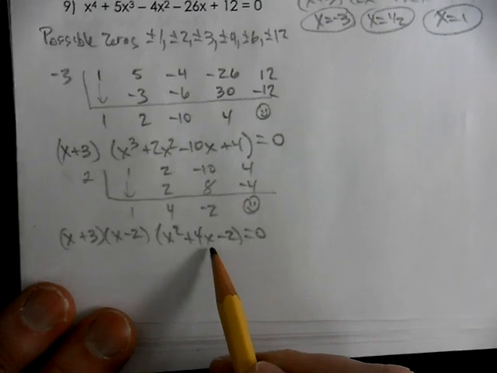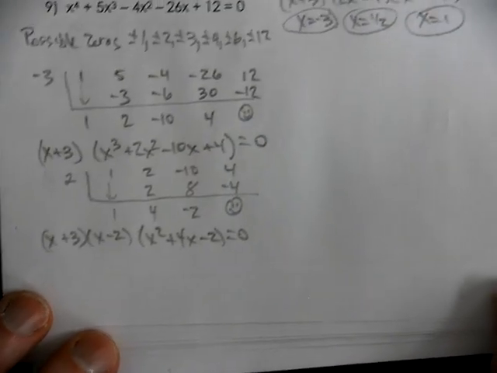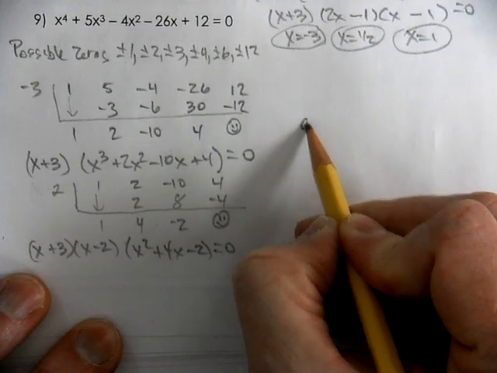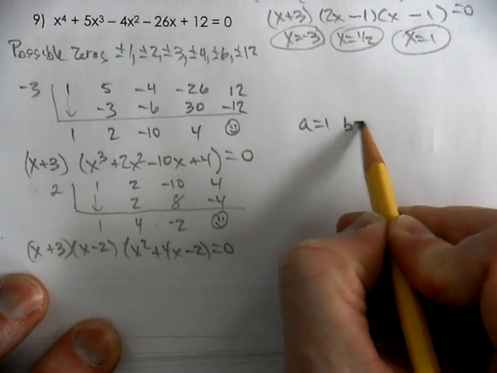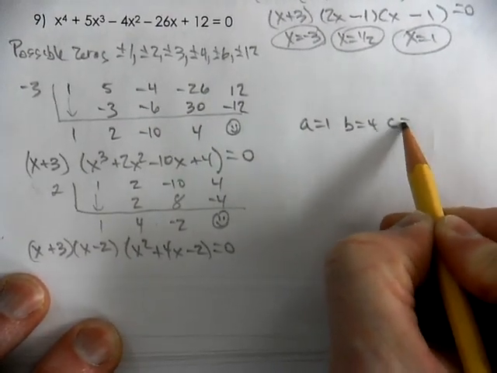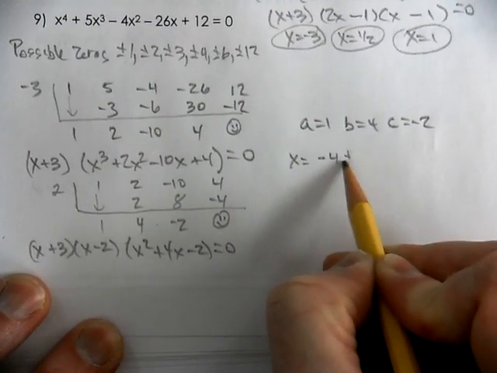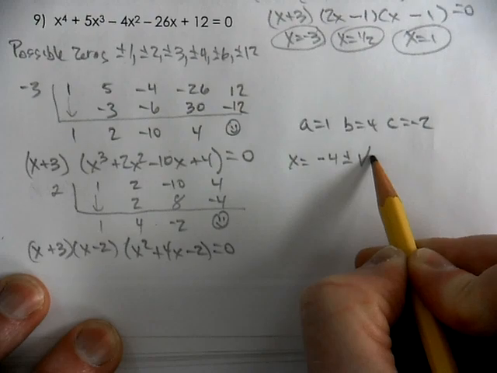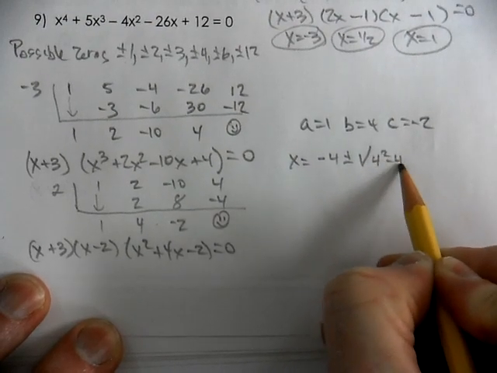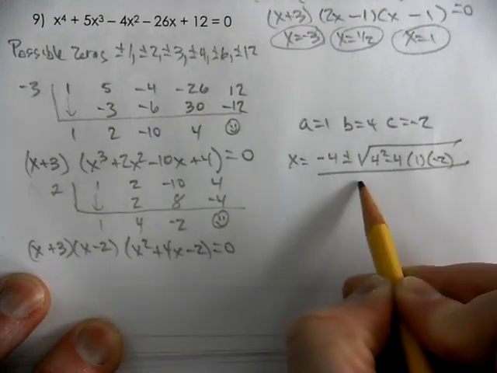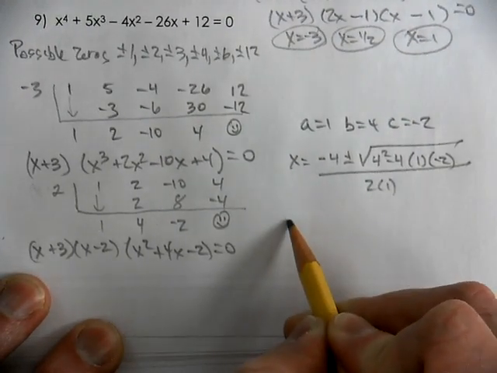So we'd need to use the quadratic formula. It might look familiar to you. So we get -4 plus or minus the square root of b squared minus 4ac all over 2 times a.